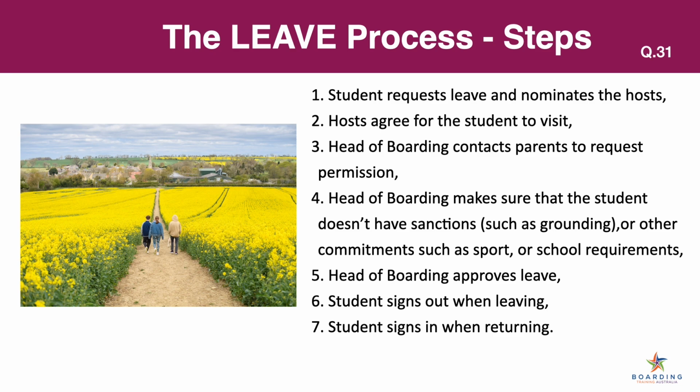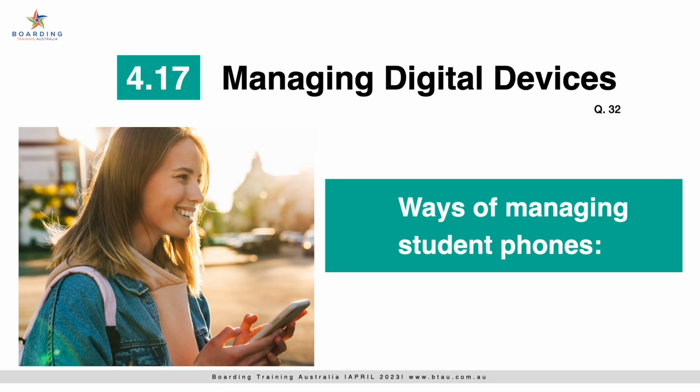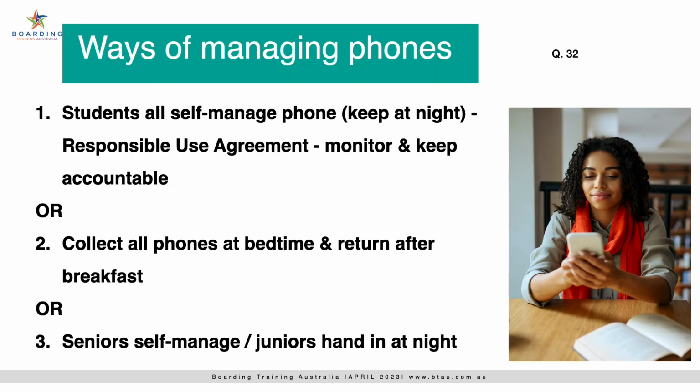This next section is about managing digital devices, and digital devices in boarding can be quite problematic. So firstly, we want to look at ways of managing student phones, and what we've seen around Australia is three main ways that staff manage phones.